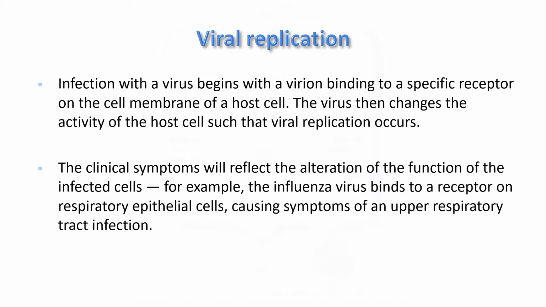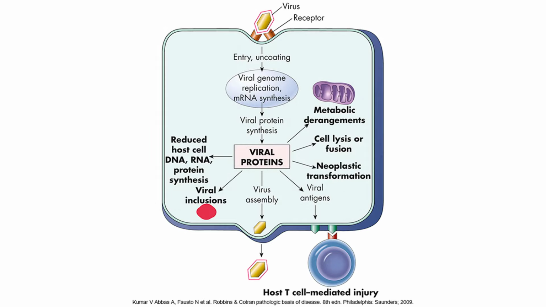Very common. Now, this figure shows you what the virus does to our cells. The coat usually remains outside, and the viral genome will enter our cell. The viral protein synthesis will take place. These viral proteins can then assemble into a new virus, and millions of them will leave the cell.